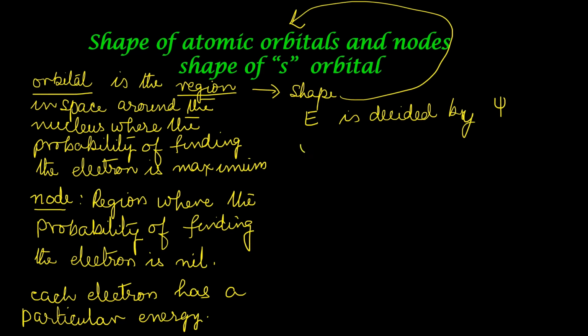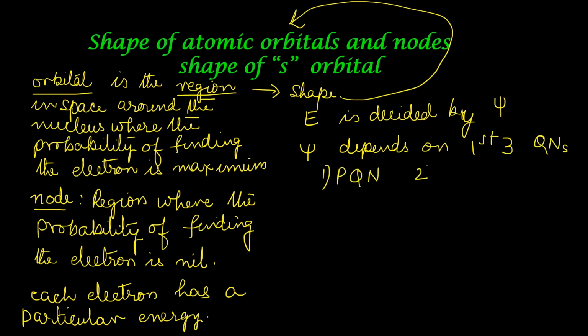Now, the wave function depends on the first three quantum numbers, that is principal quantum number, azimuthal quantum number and magnetic quantum number. Principal quantum number denoted by n, azimuthal quantum number represented by l, magnetic quantum number represented by ml.